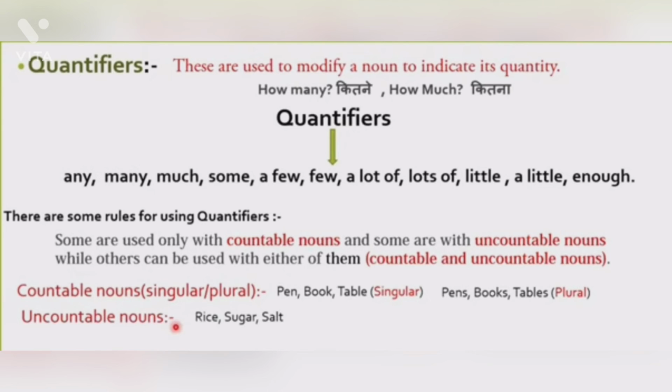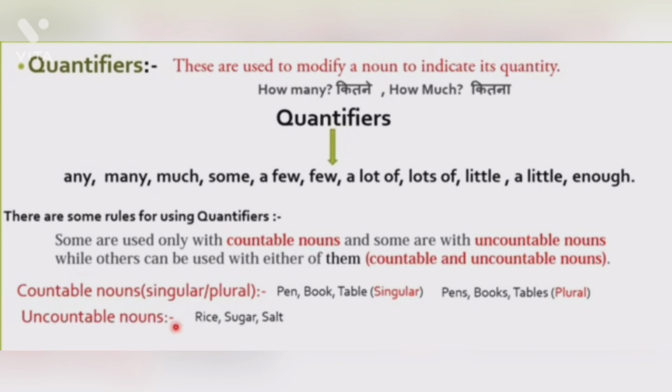Some are used only with countable and some are used only with uncountable nouns, and some are used with both countable and uncountable nouns. In countable nouns, we can count: pen, book, table.